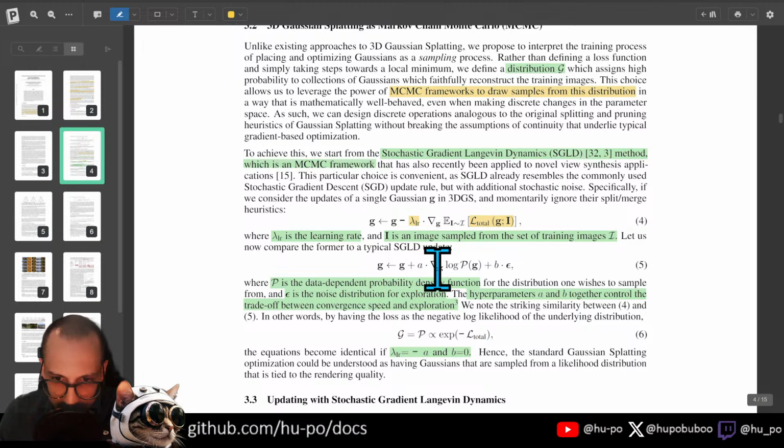And they realized, wait a second, this equation here, which is how you're doing updates for a single Gaussian, is actually very similar. We note the striking similarity between 4 and 5.